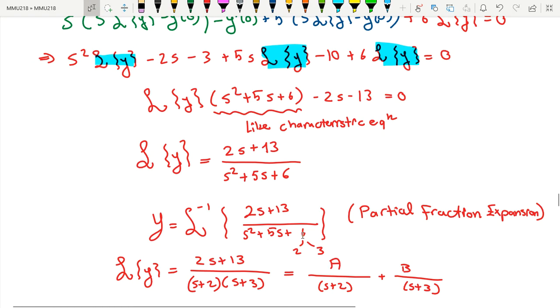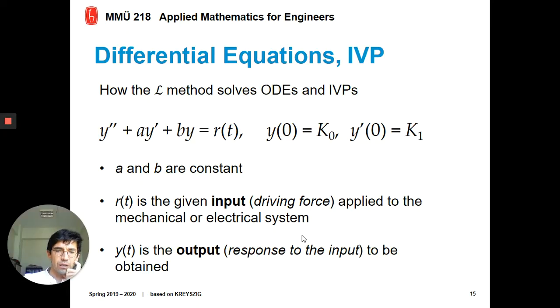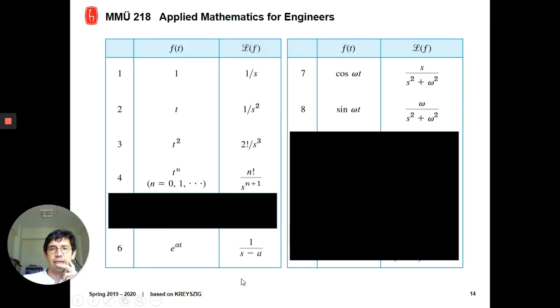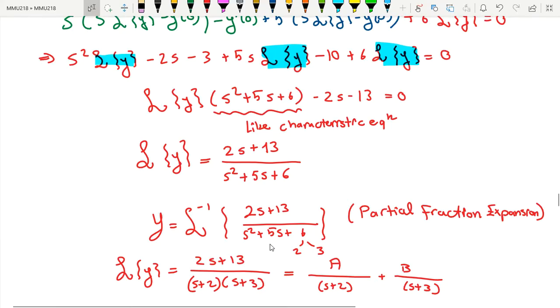Since my table is giving things in s minus a, s squared plus w squared or a squared, I want to change the denominator of such a function to some familiar functions. If I can do that, then I will be able to express the y by taking the inverse Laplace of the right hand side.